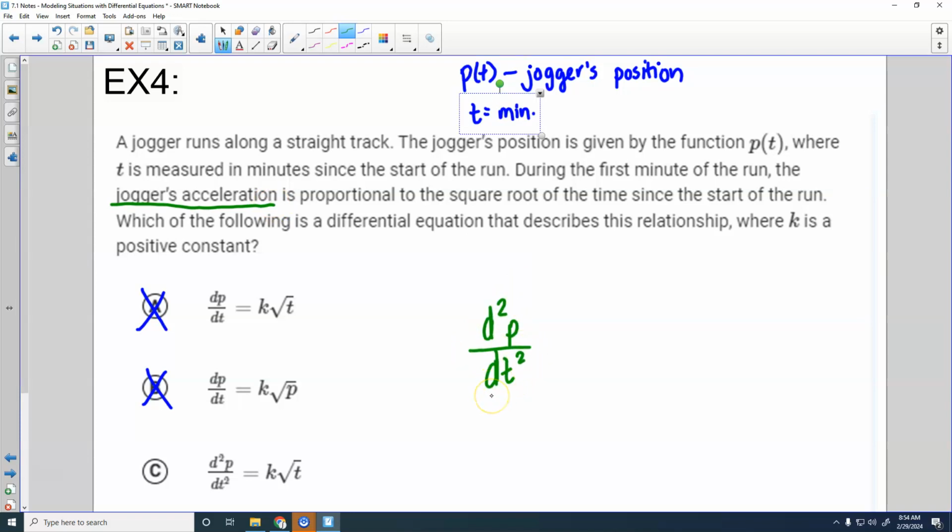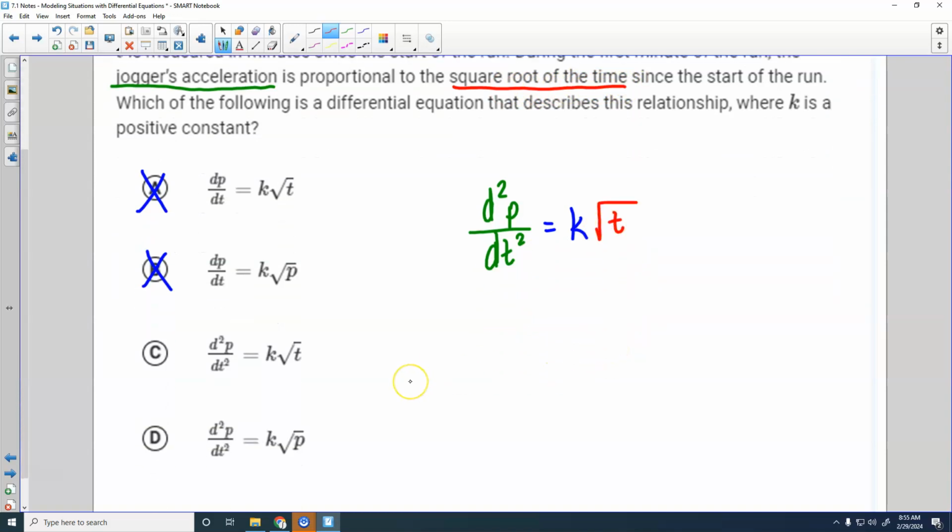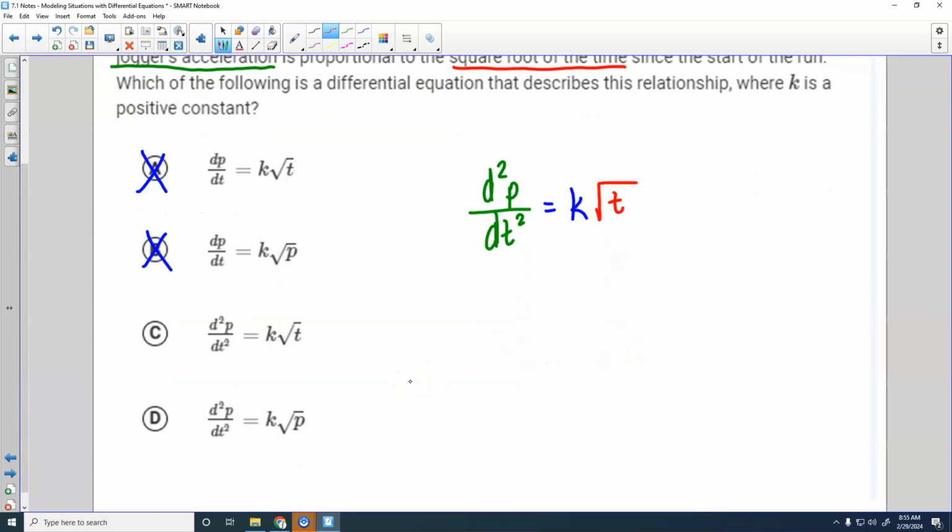That's our second derivative. It is proportional, so it's going to be K times something. What is it proportional to? The square root of time since the start of the run. So that will be the square root of t. So our correct answer for this one will be C.